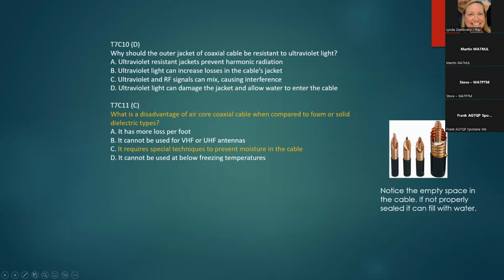Here are some pictures of rigid cable. You'll notice that it's actually hollow here inside, and moisture can get in there very, very easily through the connectors if they're not attached properly, which can destroy the functionality of that kind of cable. Another disadvantage that's not mentioned here is it tends to be really expensive cable.